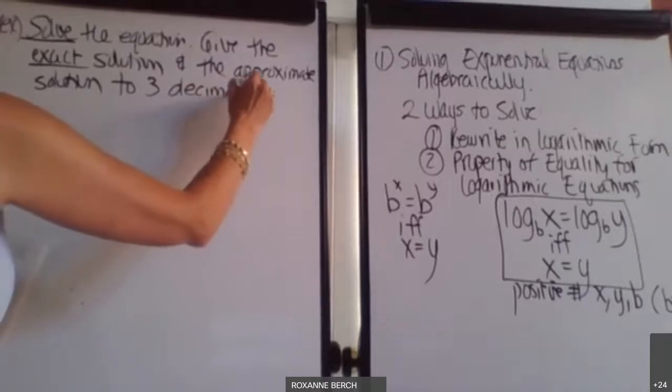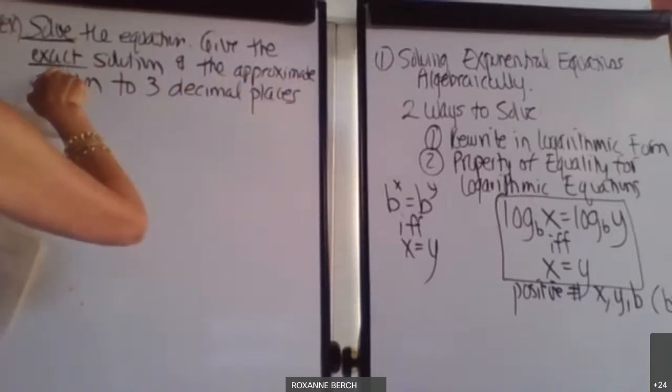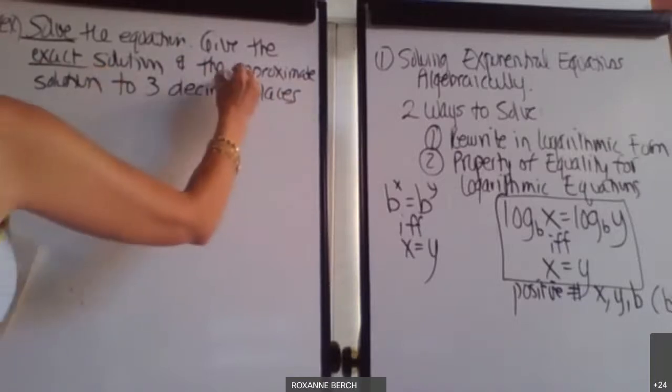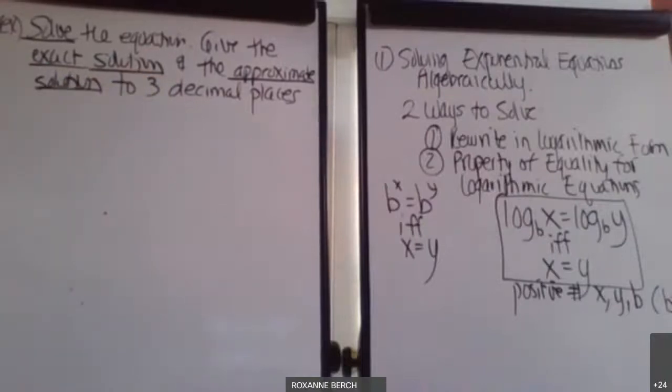So they want 2 answers. They want an exact solution and they want an approximate solution, rounded to 3 decimal places.